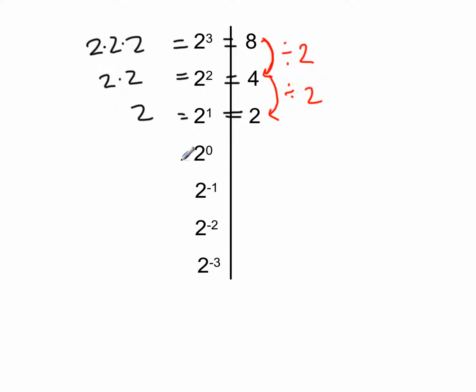So when we get to the more challenging situations, a lot of people think 2 to the 0 power equals 0. But actually that's not true, because if I follow this pattern, I'm at 2 and I'm going to divide by 2 again. What is 2 divided by 2? It's just 1. So the 0 power is 1.